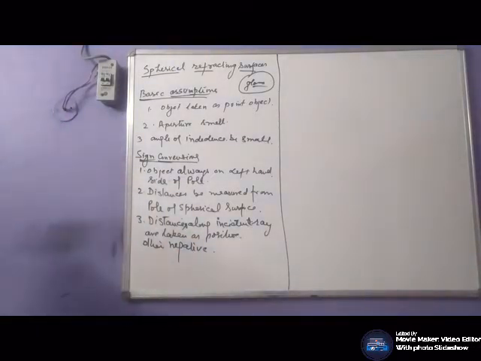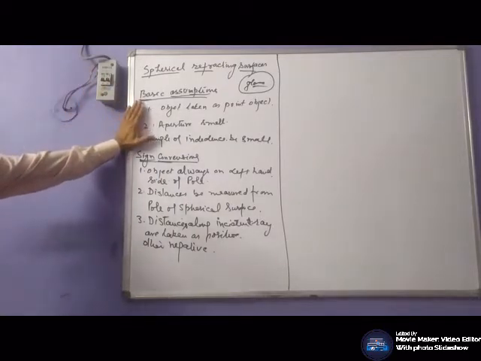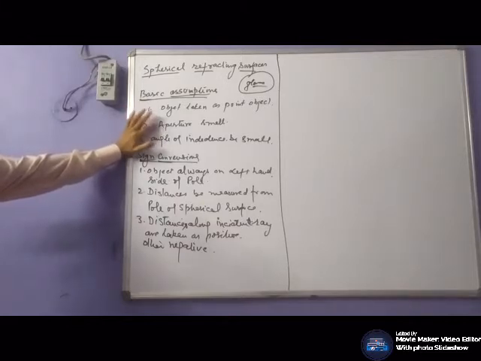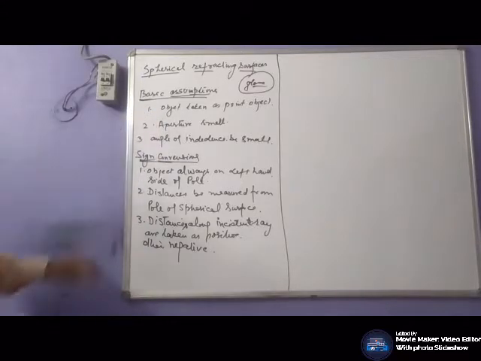In dealing with the spherical surfaces, we will assume these three things: basic assumptions, point object, aperture small to minimize the defect of spherical aberration, angle of incidence small.